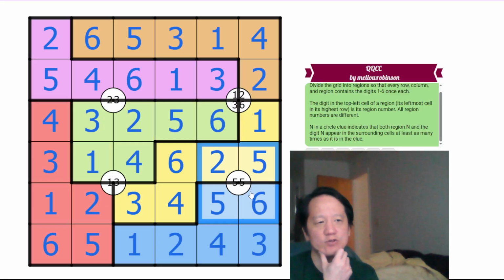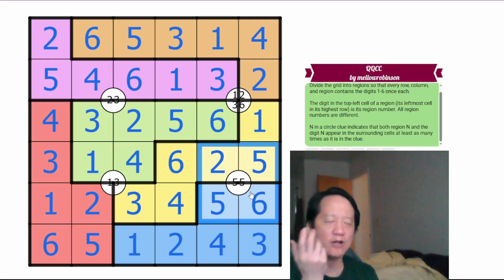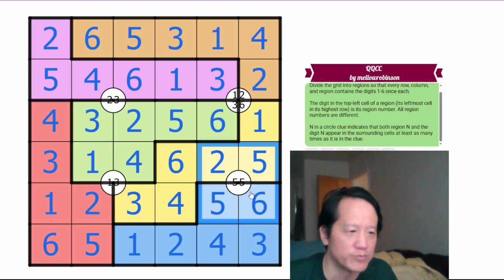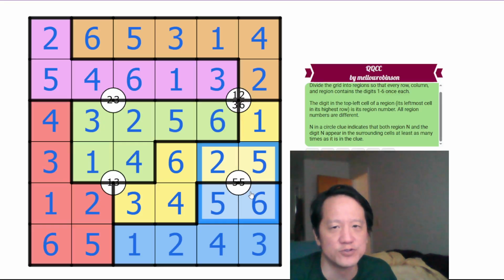If you tried solving this on your own and were confused about why, I'll try to make it clear in the description that the n in a circle means the region must appear that many times in the cells surrounding the clue. I think I misinterpreted that when I was first describing the rules, and I think that is very valuable to solving this. I don't think it is solvable otherwise.